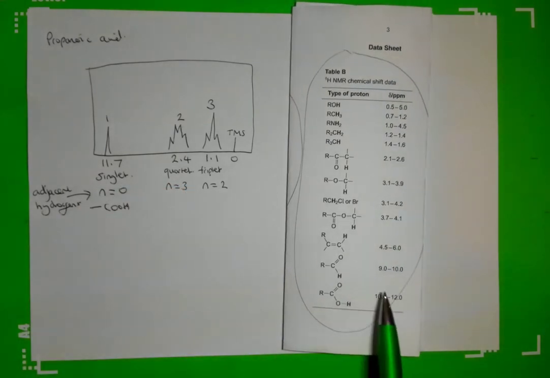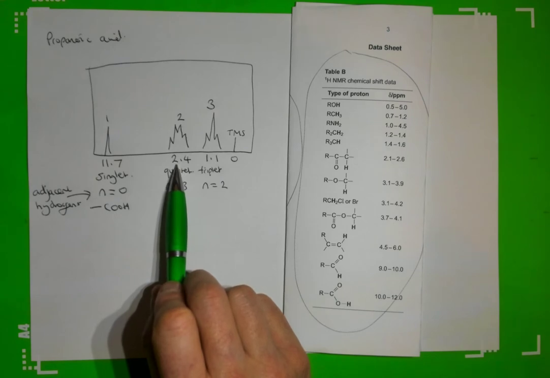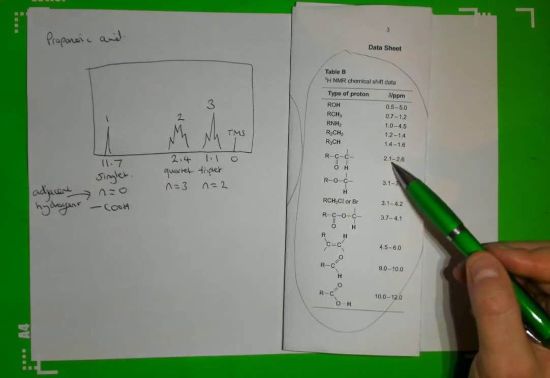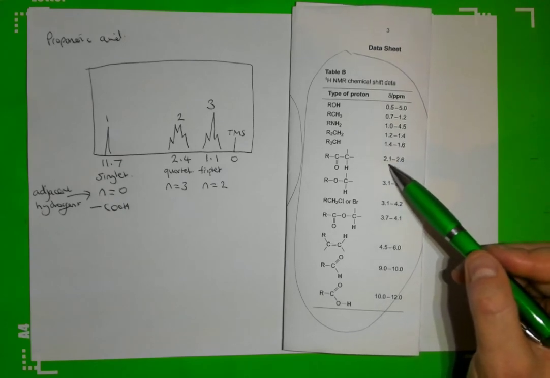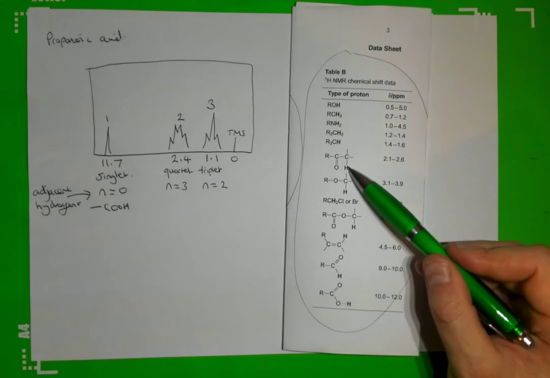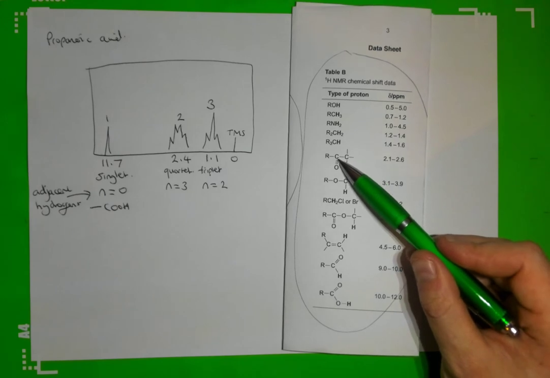Now, we've got another peak here at 2.4. So let's find 2.4 on our list. So what have we got? It's going to be this one here. So it's going to be a hydrogen, which is chemically bonded to a carbon, which is attached to a carbonyl.